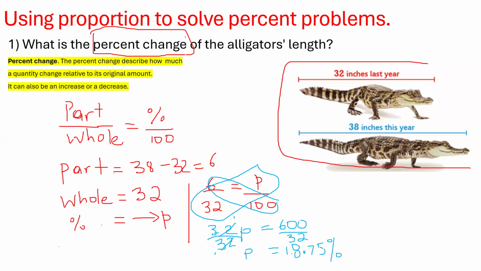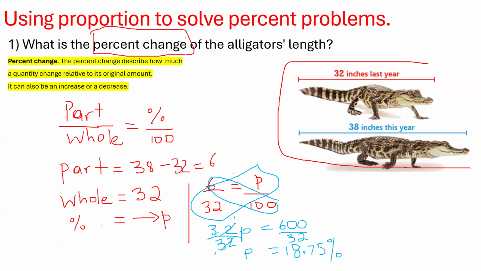So our answer is 18.75%. The percent change is an 18.75% increase. So the length of the alligator increased by 18.75%.